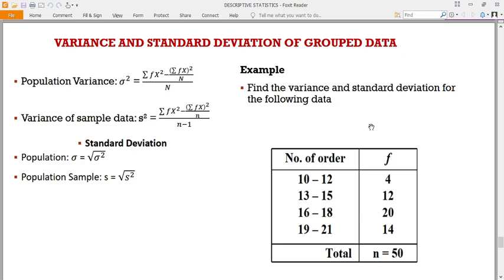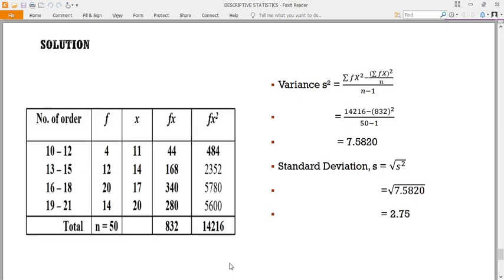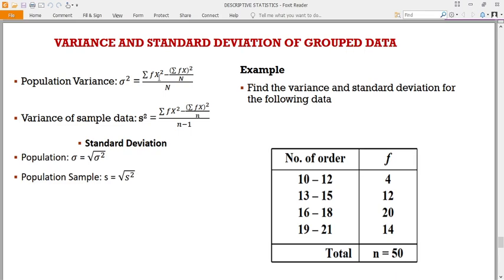So if we use the same data set, I want us to find the variance and standard deviation. We can see that this is a sample. So remember, you look at the terms you have in the formula. We have x, remember x are the midpoints. We have f, and then we have f of x, and we also have f of x squared.